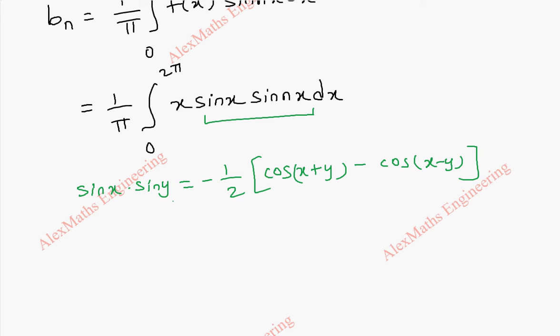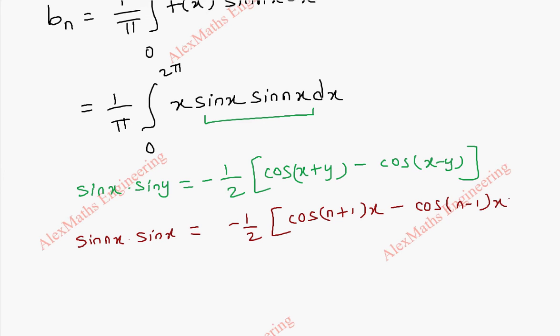So when I apply that, we take this in the reverse order, sine nx into sine x. So this becomes minus half, and when I add, we get nx plus x. By taking x common, it is n plus 1 x, minus, on subtraction it is n minus 1 x.